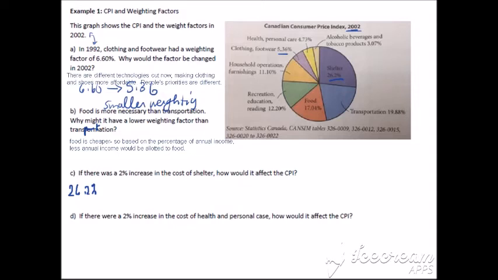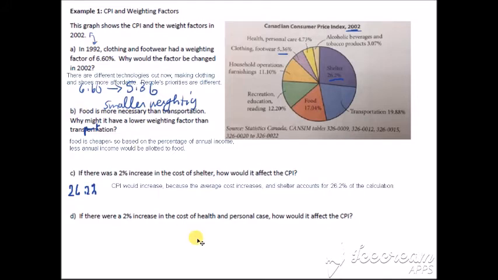What would happen is CPI would increase, because the average cost increases and shelter accounts for 26.2% of the calculation.